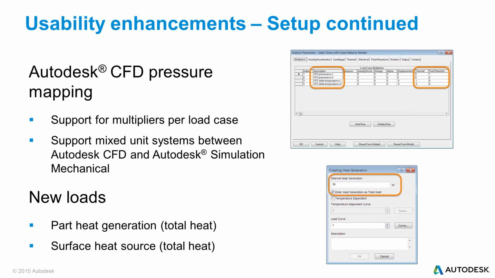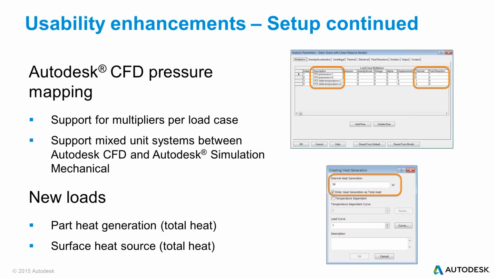Also, it is no longer necessary to have the unit systems match between Autodesk CFD and the corresponding simulation mechanical models. The units are automatically converted between these two packages.